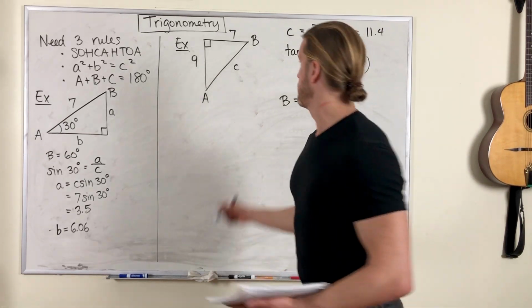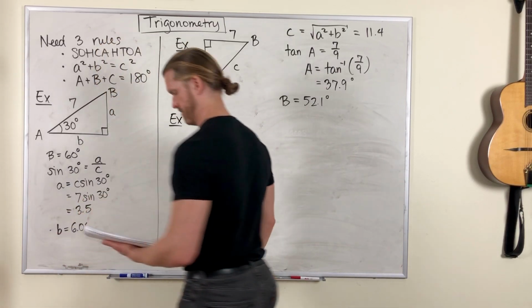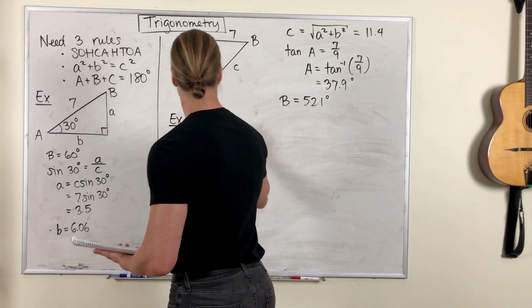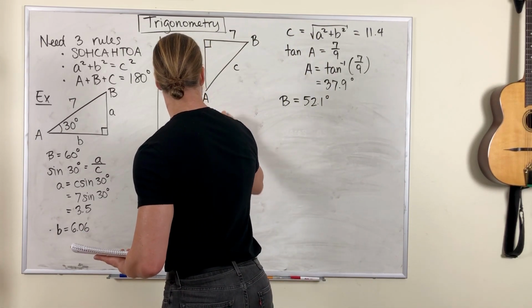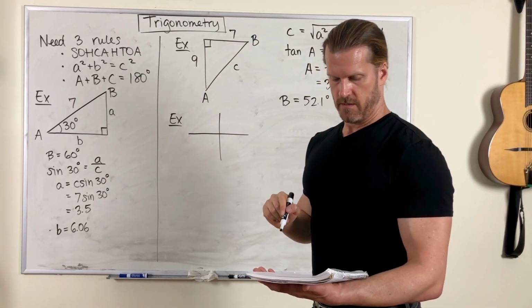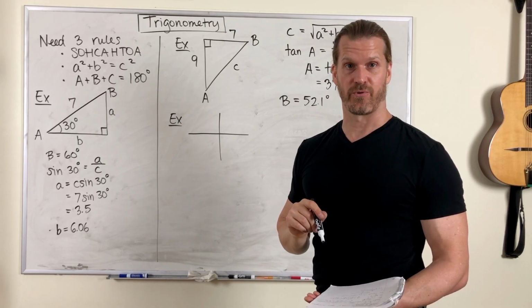Okay, one more example. Let's say that we're given a point on a coordinate system in Cartesian coordinates, and we want to express it in polar coordinates.